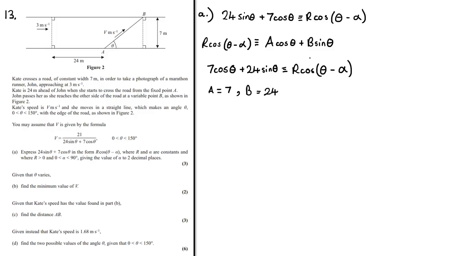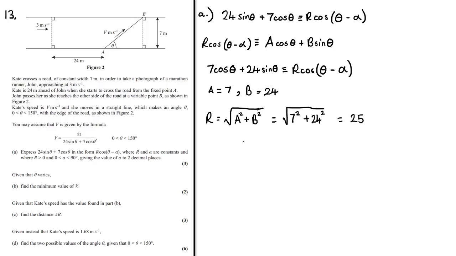And what we want to do now is find r and find alpha. So to find r, this is pretty straightforward. This is just the square root of a squared plus b squared. And if we put this into our calculator, we get the square root of 7 squared plus 24 squared. And what we get here is r equals 25. So that gives us r there.